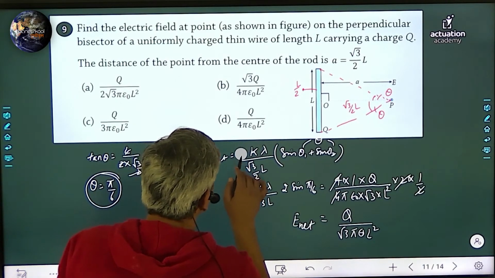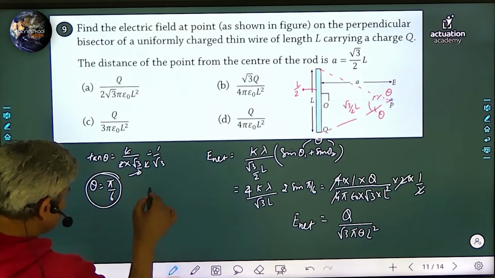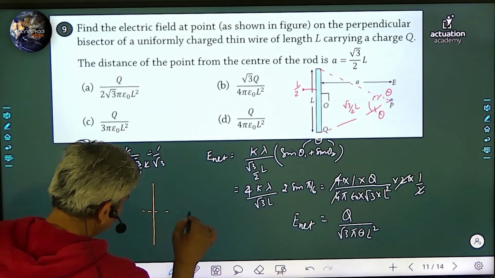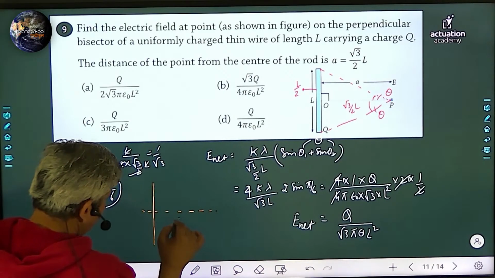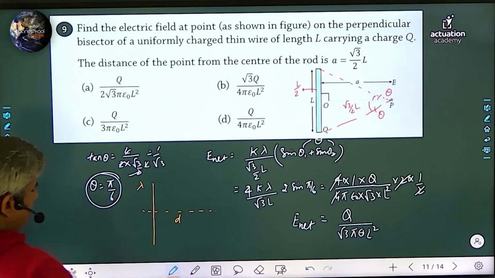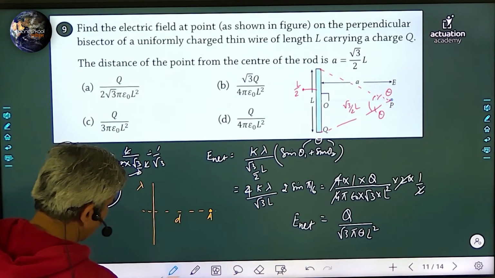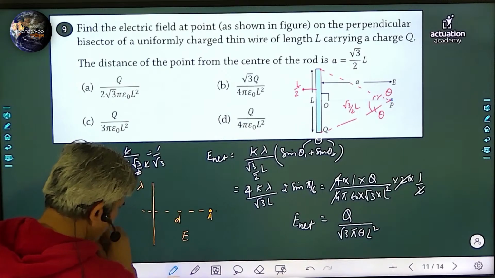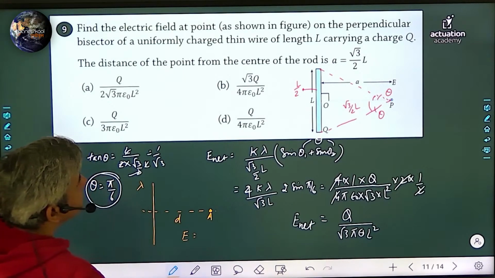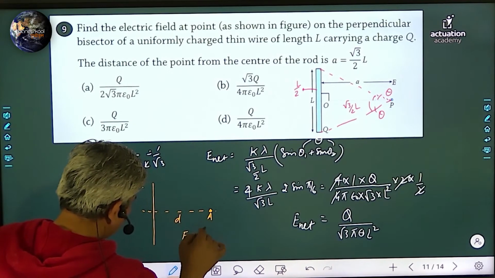This 2 will not come. Let me just check. If d is the distance and lambda is the charge density, then the electric field at A will be written as E is equal to 2k at the center point.